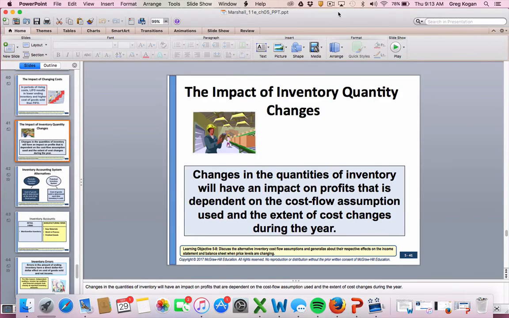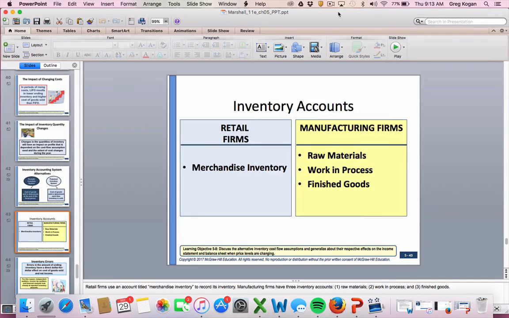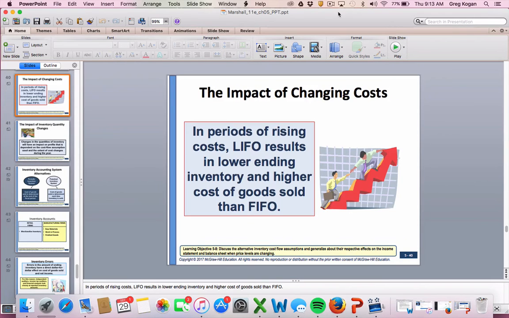And then also, when you look at the different price changes, basically when you have rising prices, which is common, right, with inflation, with FIFO, lower older costs transferred to cost of goods sold, higher more recent costs stay in inventory. So first in, first out.